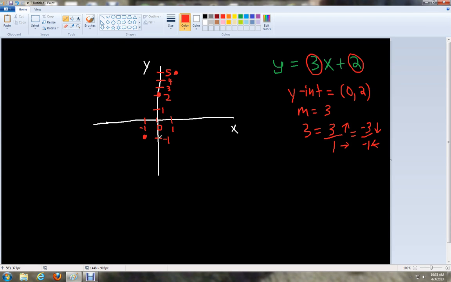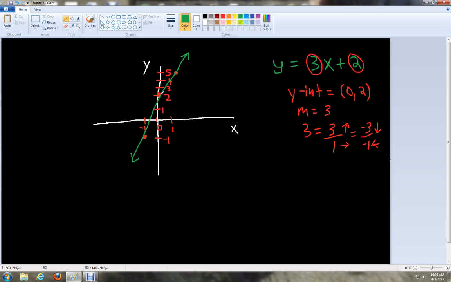Then we connect our points. That looks like a straight line. It's not going to be 100% perfect unless we're using graph paper, but that's what your line would look like for y equals 3x plus 2.